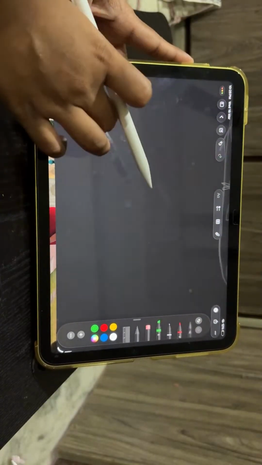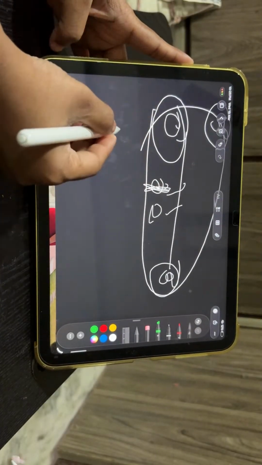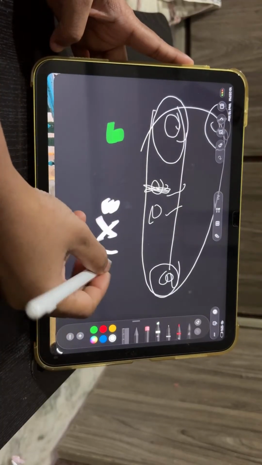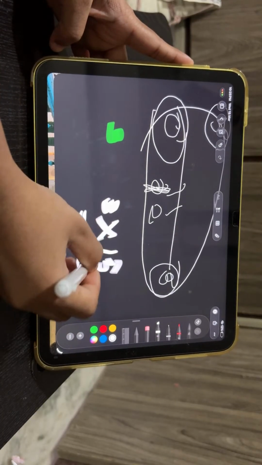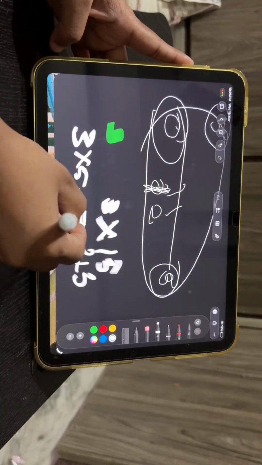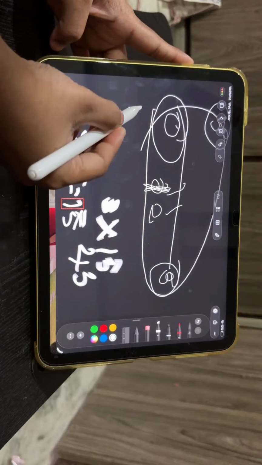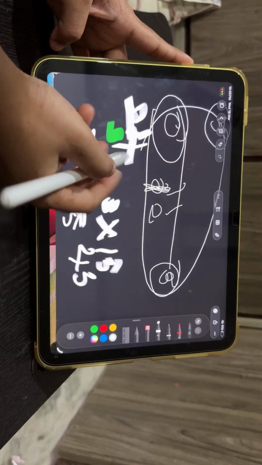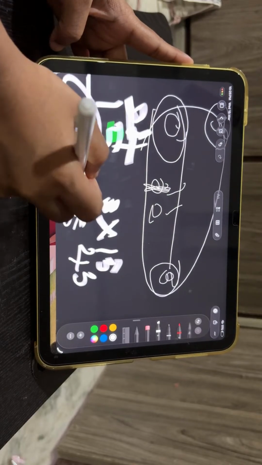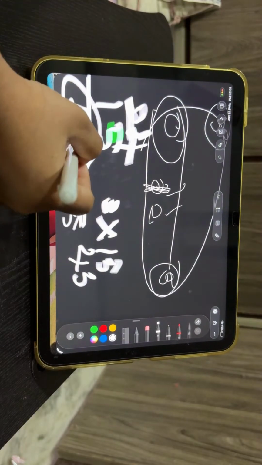So 3 into 5 is 15. Already I have told, 6 into 4 is 24, plus 15, so 50 marks in total will be there.